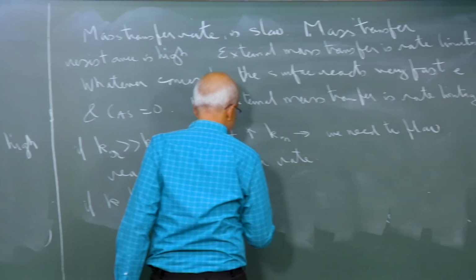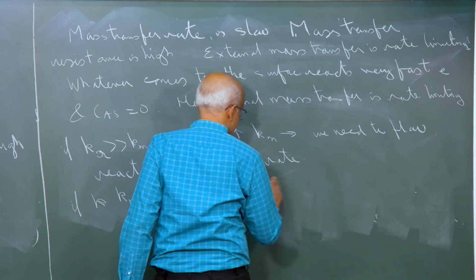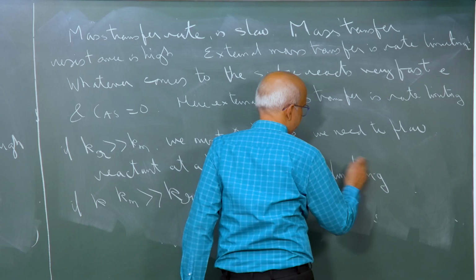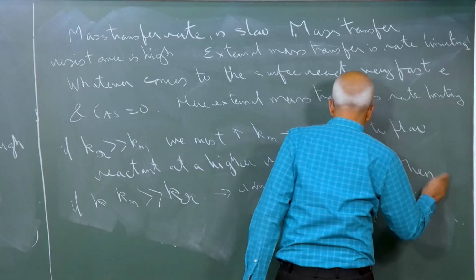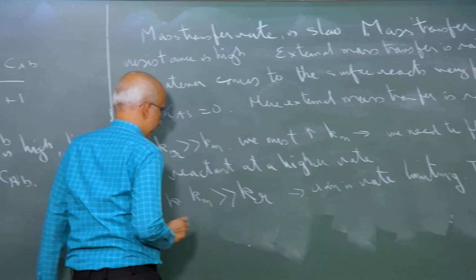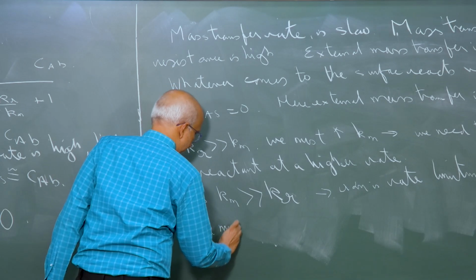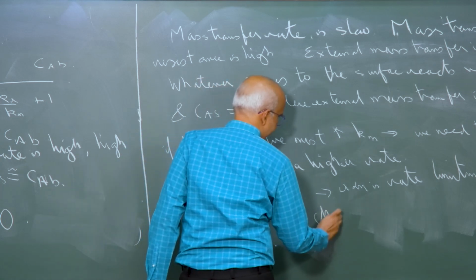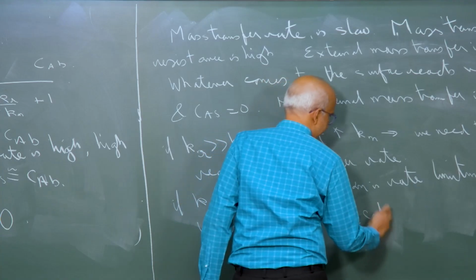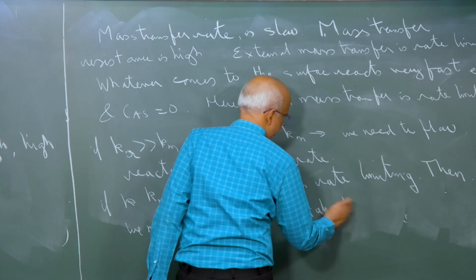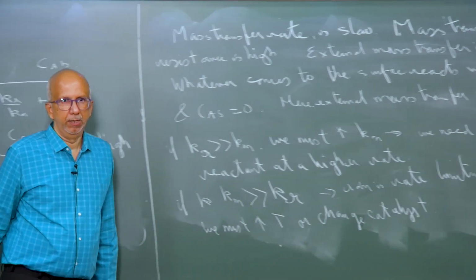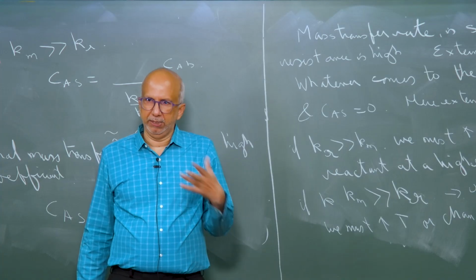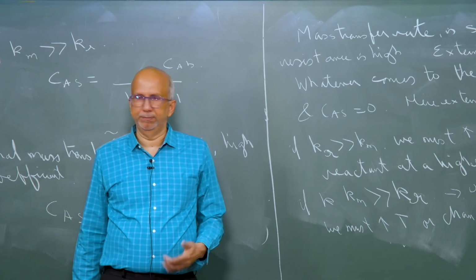So, this is the reaction rate limiting case, then we must increase the temperature or change the catalyst, okay. That is what we need to do. We need to change the catalyst because that will improve my Kr. I need to increase the temperature to improve my Kr. So, that is what will take care of this.